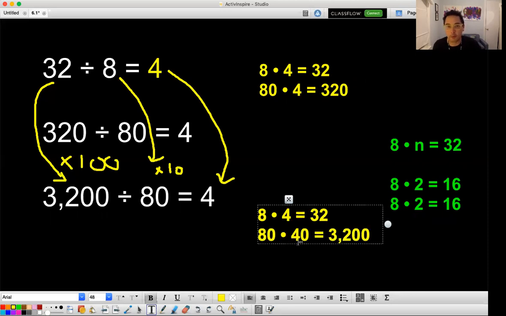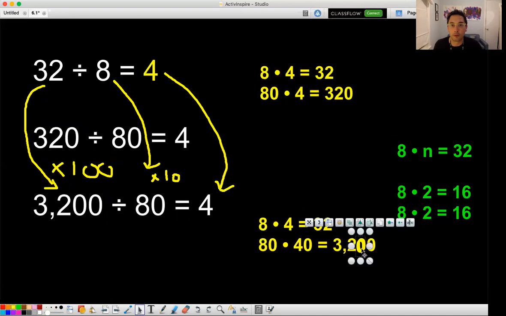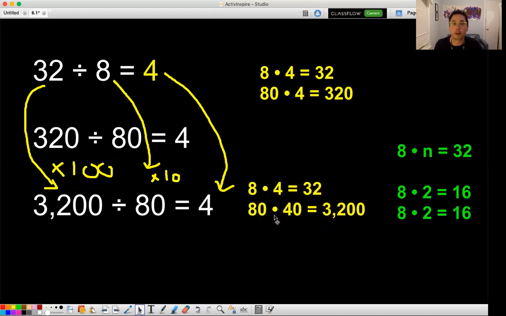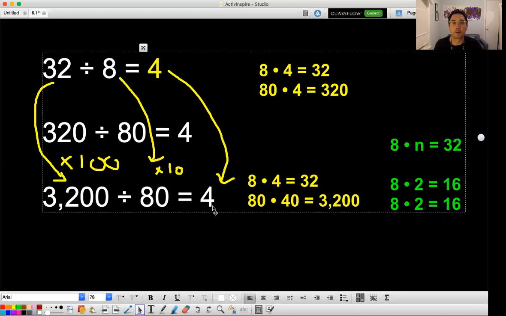So what would happen if I put this one? 8 times 4 is 32 times 10 times 10. Times 10. So by thinking about our multiplication facts as the opposite or the inverse of division, that was able to get us that it's not 4, this is actually 40.